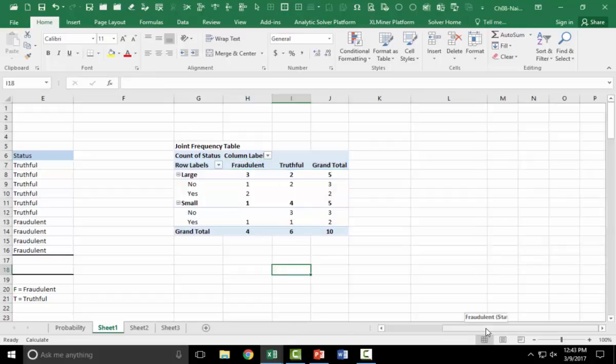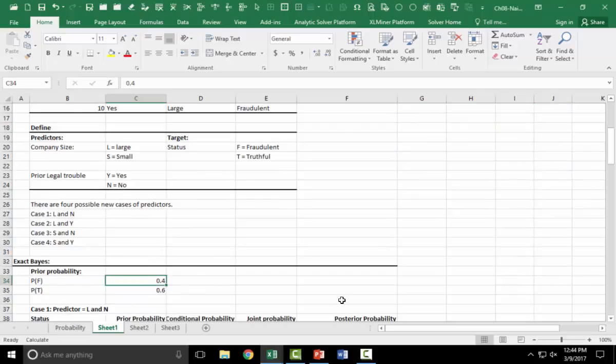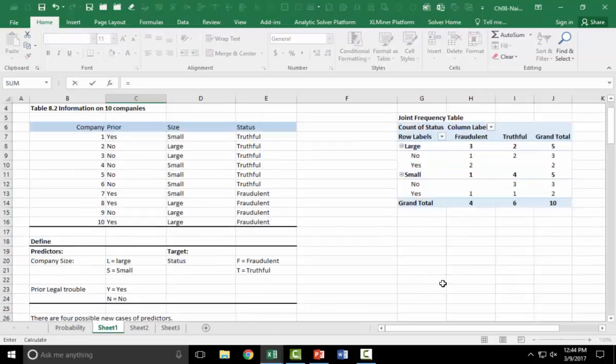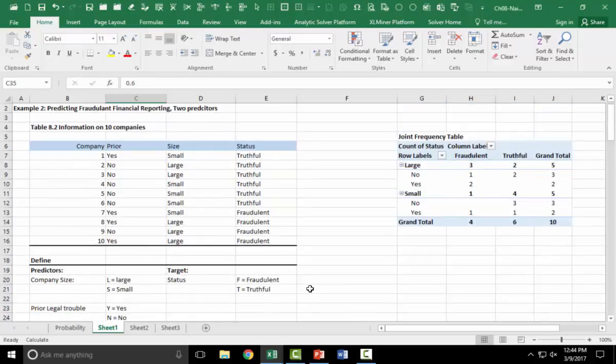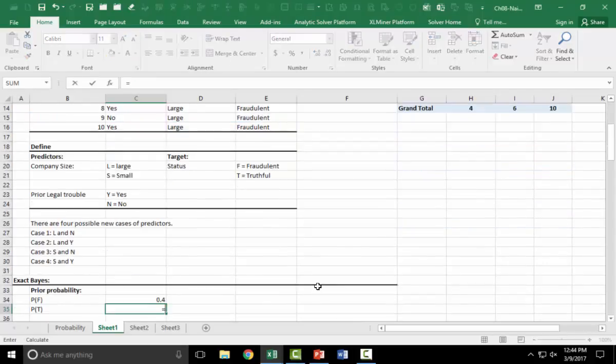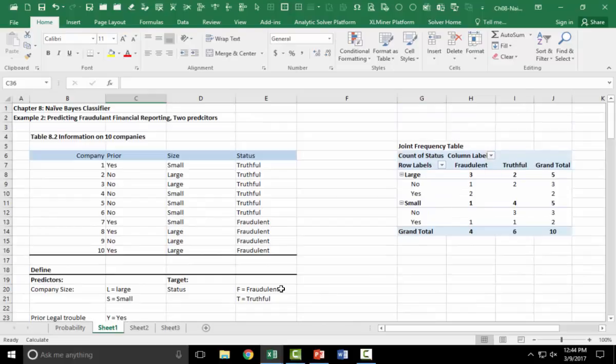Okay, so if you have this table, then our prior probability of F will be, so this column, the total is 4, so H14 divided by J14 will give you the prior probability of F, and I14 divided by J14 will give you the prior probability of truthful.